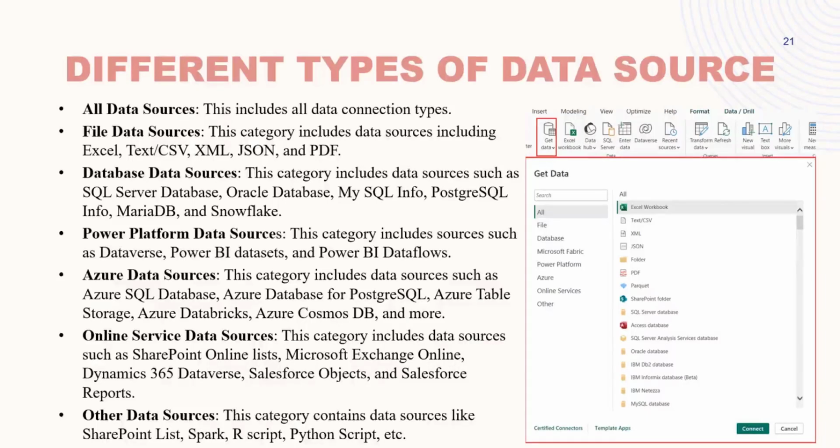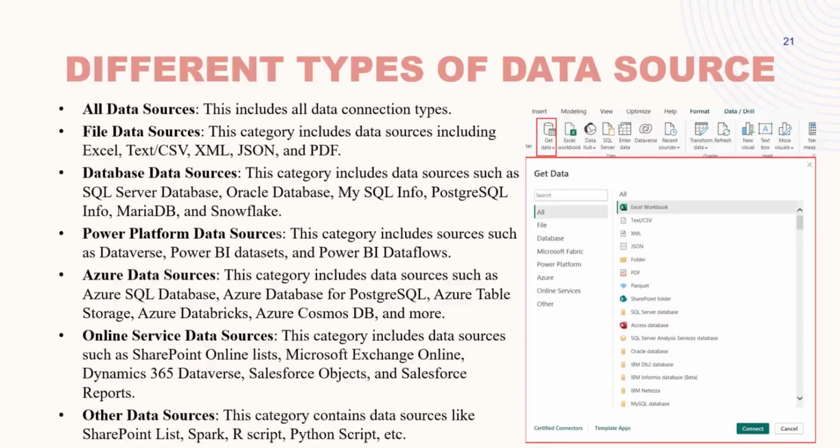The next is Azure data sources. This category includes sources such as Azure, Azure Databricks, Azure Cosmos DB, and many more. Power Platform data sources contain sources such as Dataverse, Power BI datasets, and Power BI dataflows.